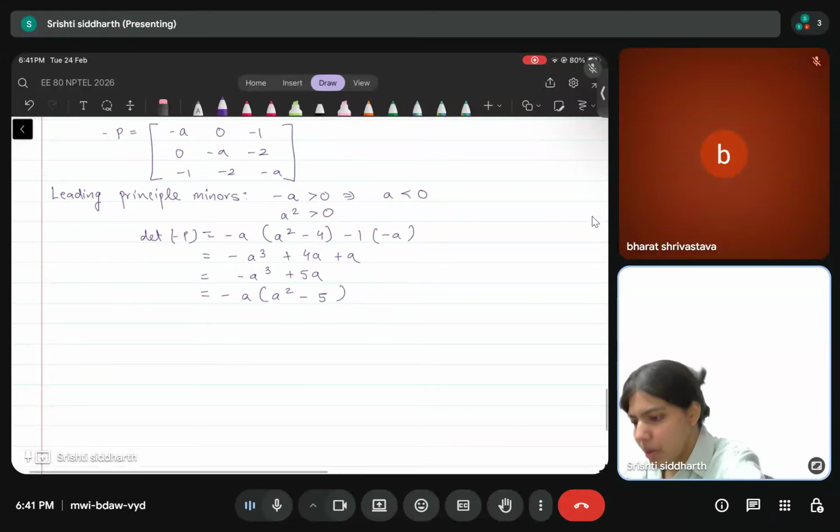So this should be positive. So this implies that minus a should be positive, which we already have from the first inequality, and a square minus 5 should be positive.